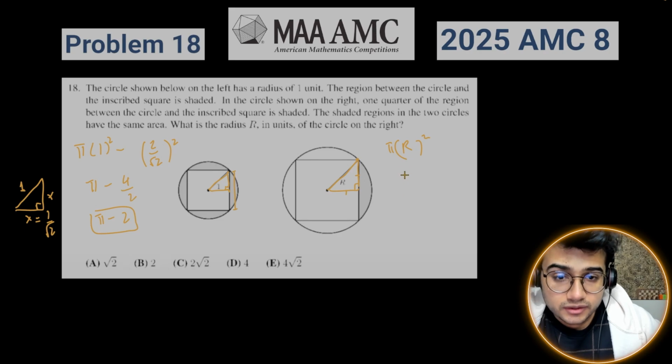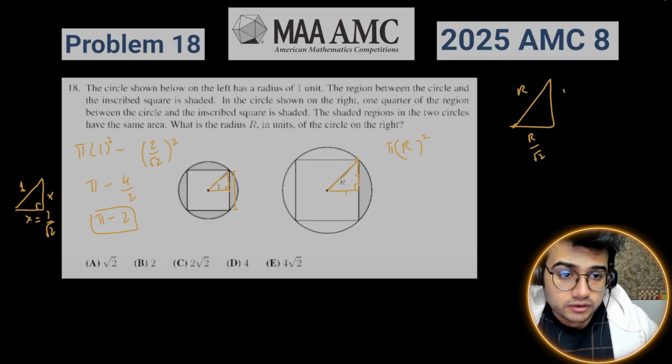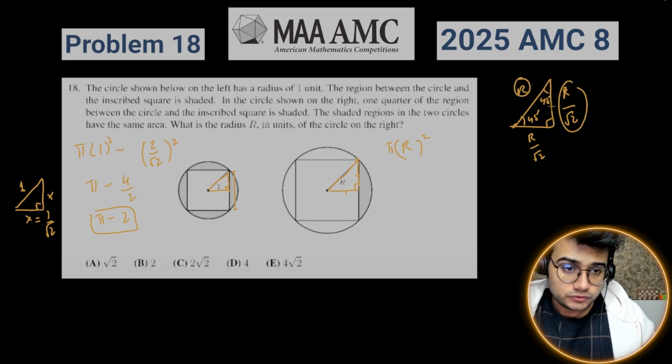If you just draw that triangle here, this is R, this is going to be R over square root of 2 and R over square root of 2. Again, you can figure that out using the Pythagorean theorem, or you can just memorize the 45-45-90 triangle. Whatever this hypotenuse is, this is that times 1 over square root of 2 and that times 1 over square root of 2.